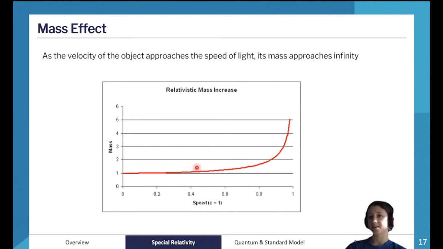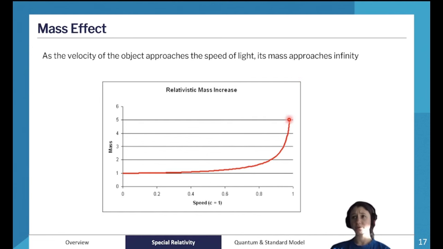The mass increases exponentially. The point where we're getting to c, this line here, the mass is almost getting vertical. So it's approaching infinity. This is why objects with mass can actually never achieve the speed of light.